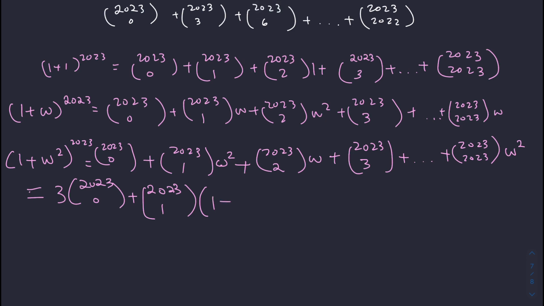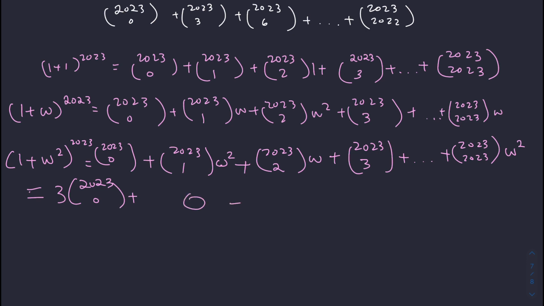So that would be 1 plus omega squared. Now, this is interesting because earlier we discussed that when you sum the nth roots of unity, that will always equal 0. And these are our cube roots of unity. So this sum equals 0. Anything times 0 is simply 0. So this whole term will just be 0.